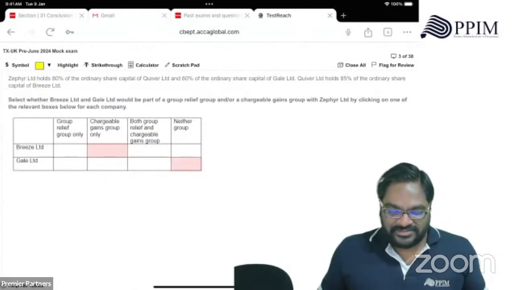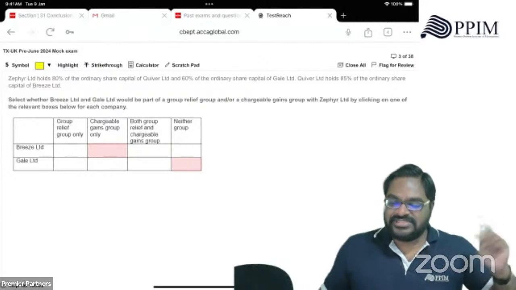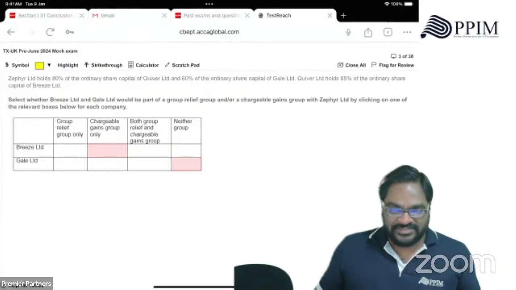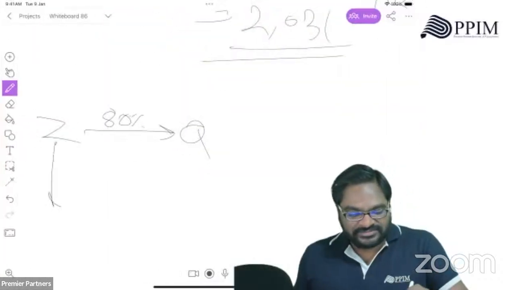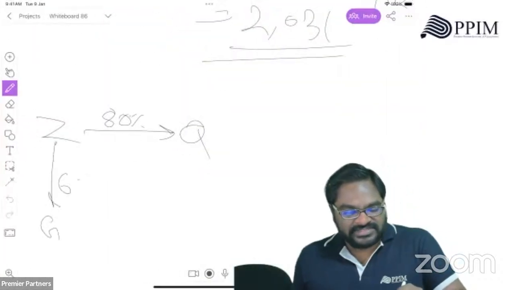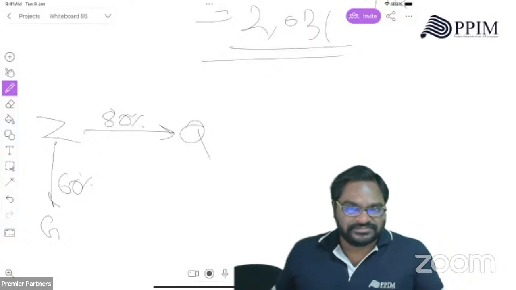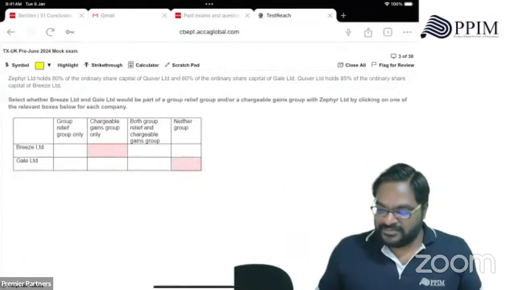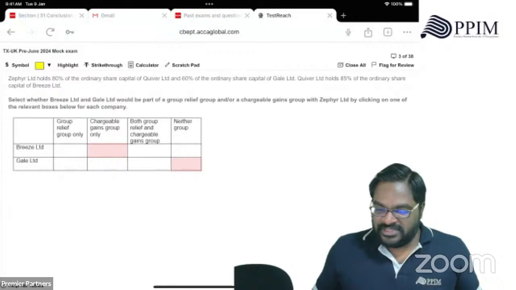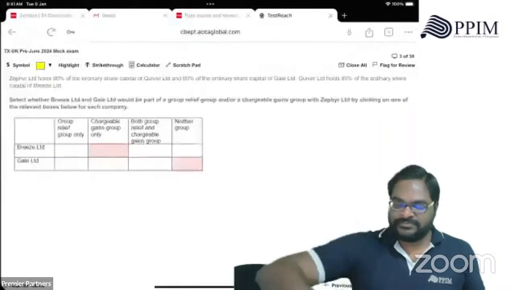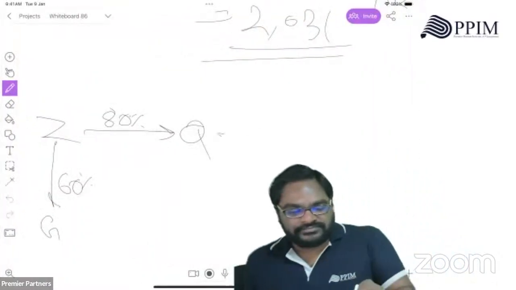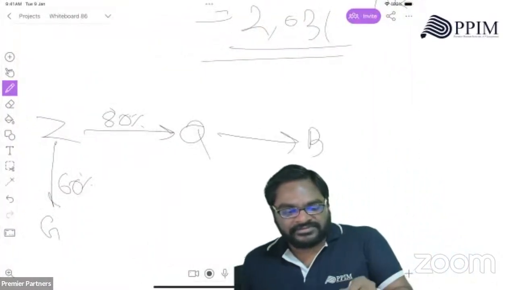Then it also owns 60% of G. So that means we have G. We have 60% here. Then Q owns 85% of B. This is a group structure, right?